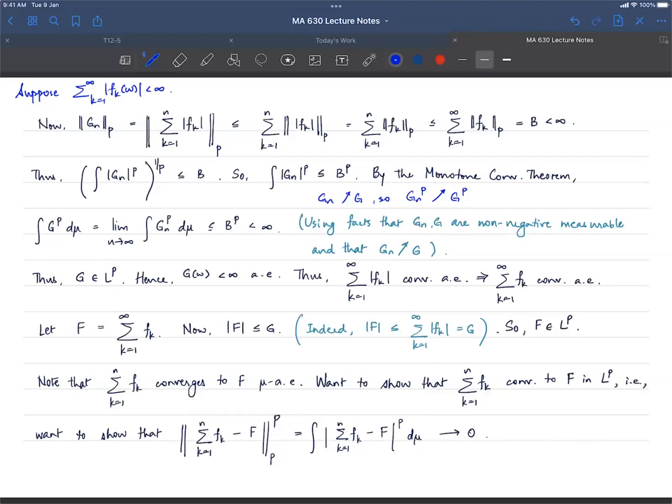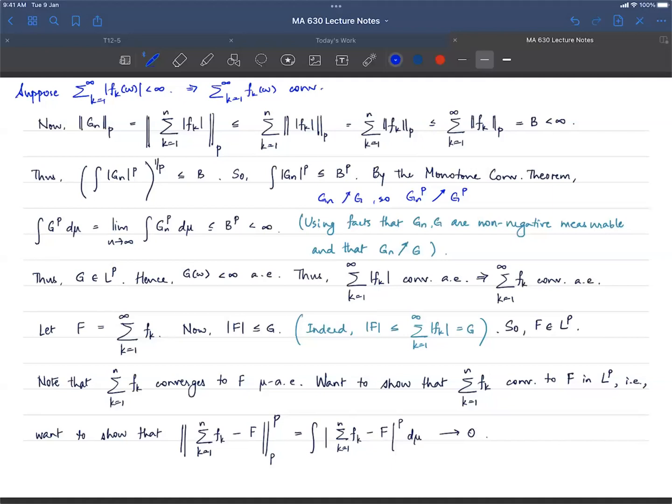So now I'm using the fact that the real numbers are complete. On the real line, every absolutely convergent series is convergent. So this implies that the sum k going from 1 to infinity of fk of omega converges. And why is this true?